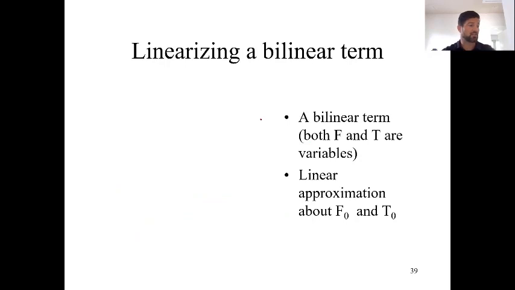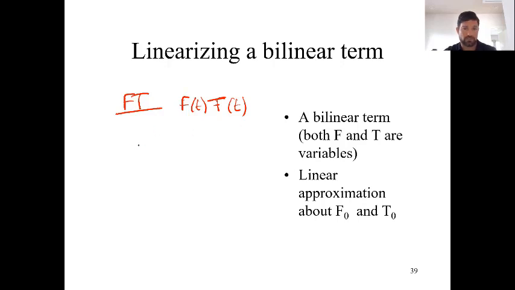Okay, the last thing that we will need to do to linearize could be a bilinear term. So essentially, we have a flow that's a function of time, and we have a temperature that's a function of time. For example, if this is the input and this is the output, multiplying these two things together is a nonlinear term.